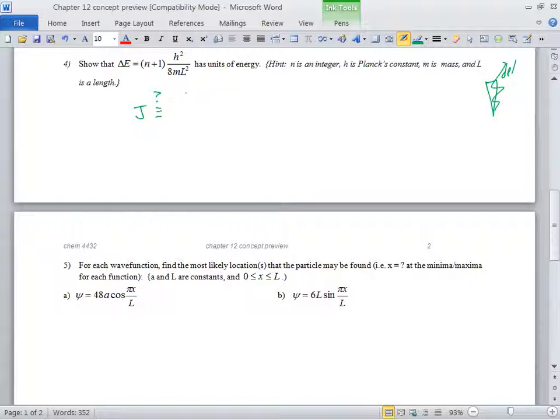Joules per second or joules times seconds? And that's squared. And M, Gloriana, M has units of? It's just mass. Yep, kilograms. L, Mel? Oh, meters. Meters, but it's squared, so meter squared.